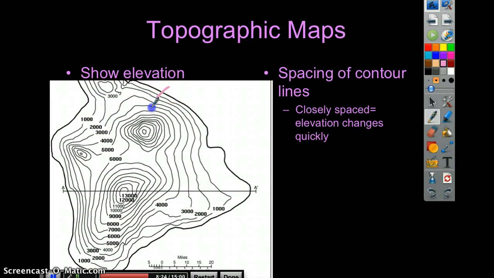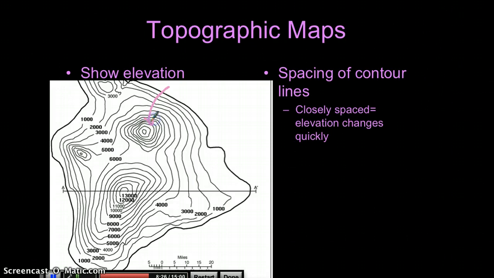If we were to try to hike up this side of a hill, it would be much steeper than hiking this way. Here the lines are very close together, and that indicates that it would be a very steep climb, or that the elevation changes very quickly.